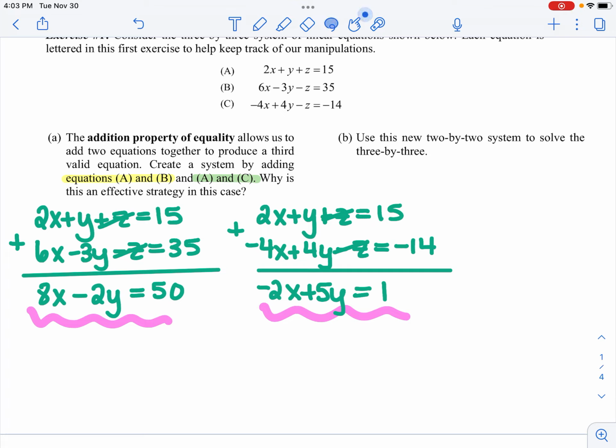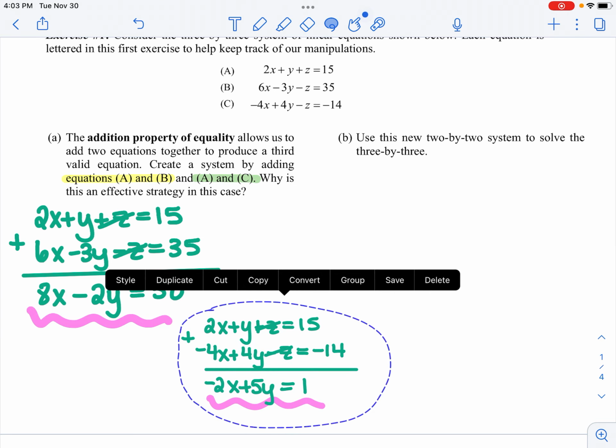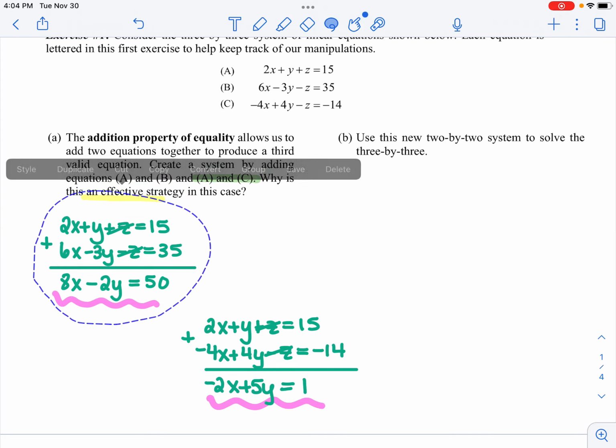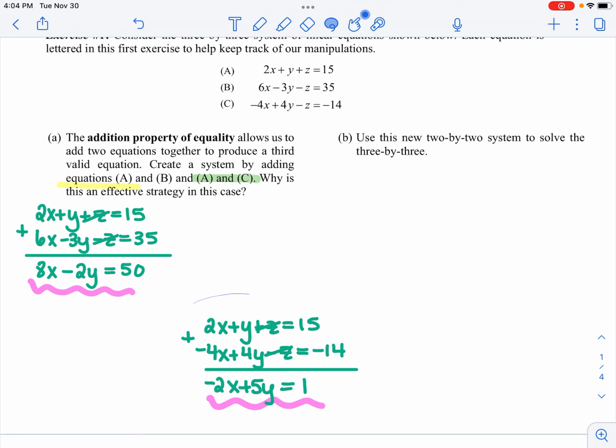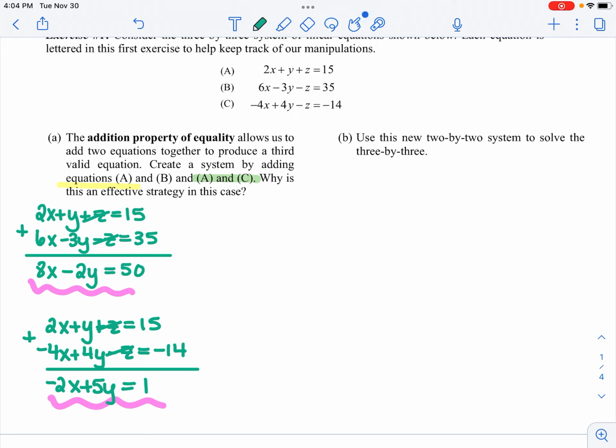So what we're going to do now in part B, I'm just going to move this over so I have room, is we're going to take these 2 new equations and we're going to solve with elimination one additional time. So let's take the 2 equations we were just left with, 8x minus 2y equals 50, and negative 2x plus 5y is equal to 1.